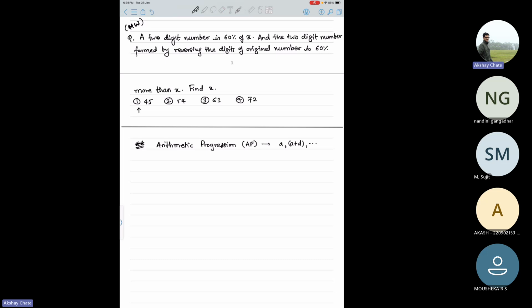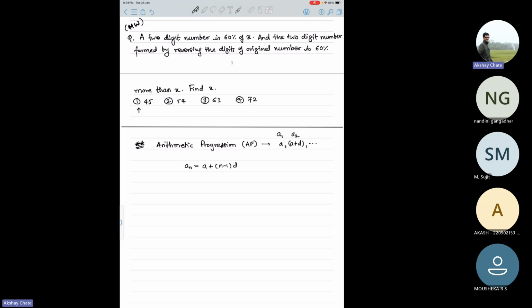Basically you add the common difference, right? So that's how it goes. This is the first term, this is the second term, like that. In that case you can write the nth term as first term plus n minus 1 into d.